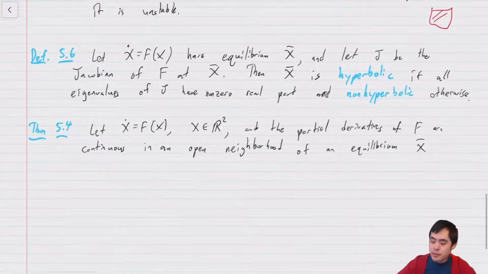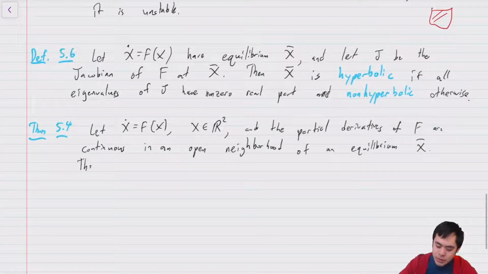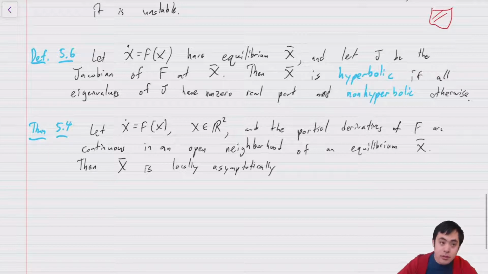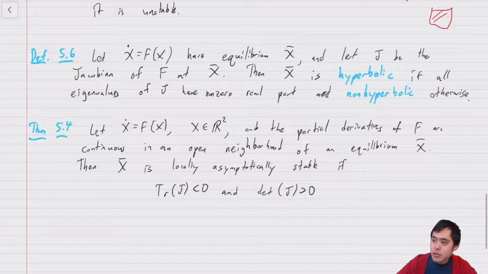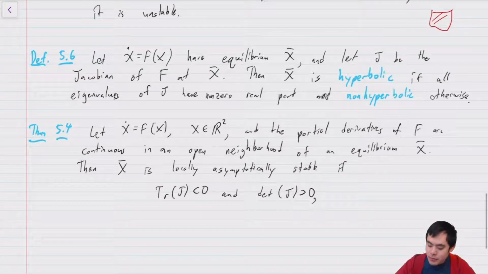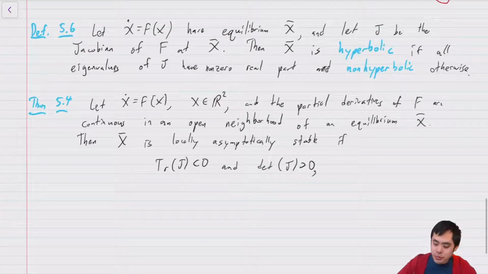Well, what we can say is that x bar is locally asymptotically stable if the trace of J is less than 0 and the determinant of J is greater than 0, because note that we can use Routh-Hurwitz to show that if that's true, then all the eigenvalues have negative real part.